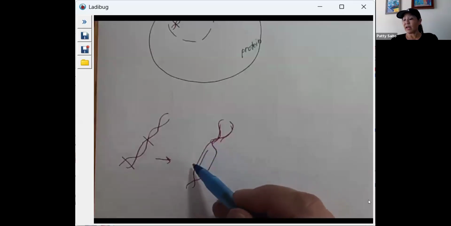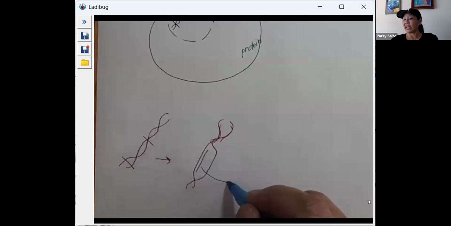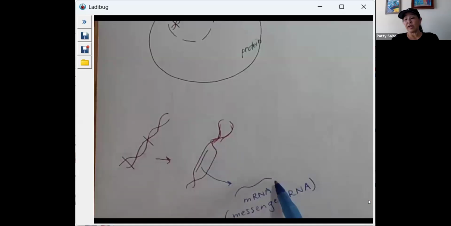So whatever the pattern is, we make a copy of RNA. This is called a messenger RNA. This is the first type of RNA. All right, which has the code of that gene.